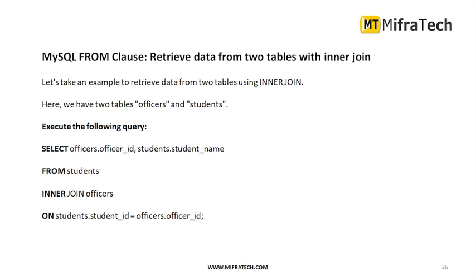We are selecting officers dot officer ID from officers, and from students we are selecting student name. From students inner join officers on students dot student ID equals officers dot officer ID.